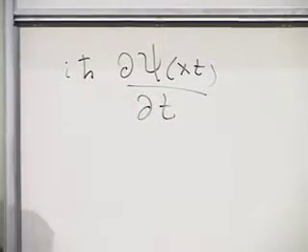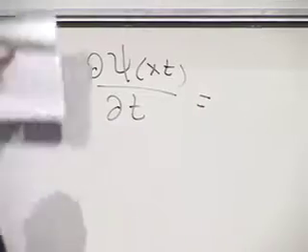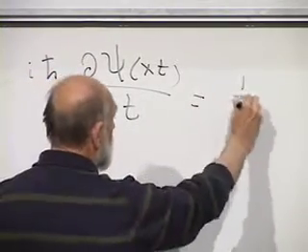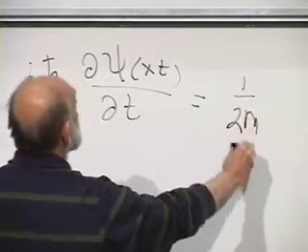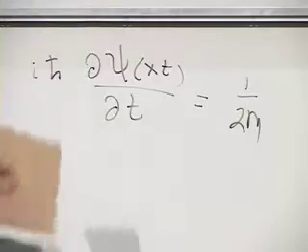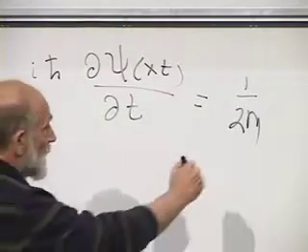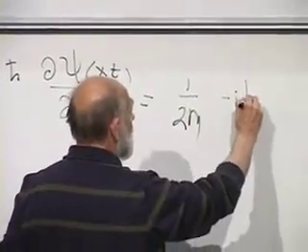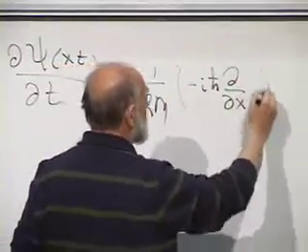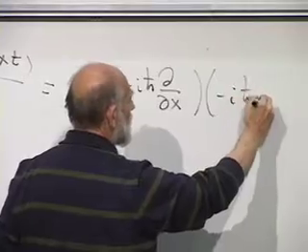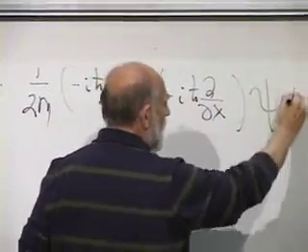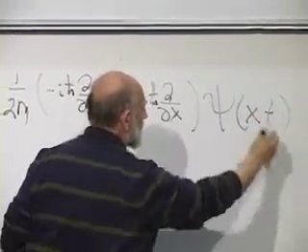The right-hand side, we use H is equal to p squared over 2m. So first of all, there's a 1 over 2m. And then p acts twice. P is minus I h bar d by dx. So we get minus I h bar d by dx, but we write it twice. Minus I h bar d by dx, acting on psi of x and t.